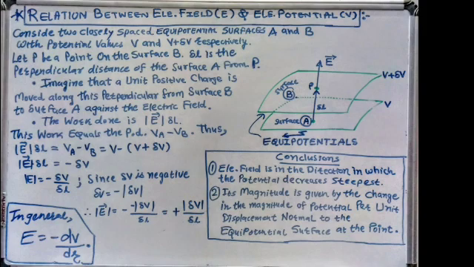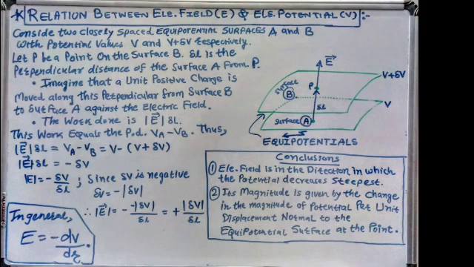Let P be a point on the surface B. Delta L is the perpendicular distance of the surface A from the point P. Imagine that a unit positive charge is moved along this perpendicular from surface B to surface A against the electric field.